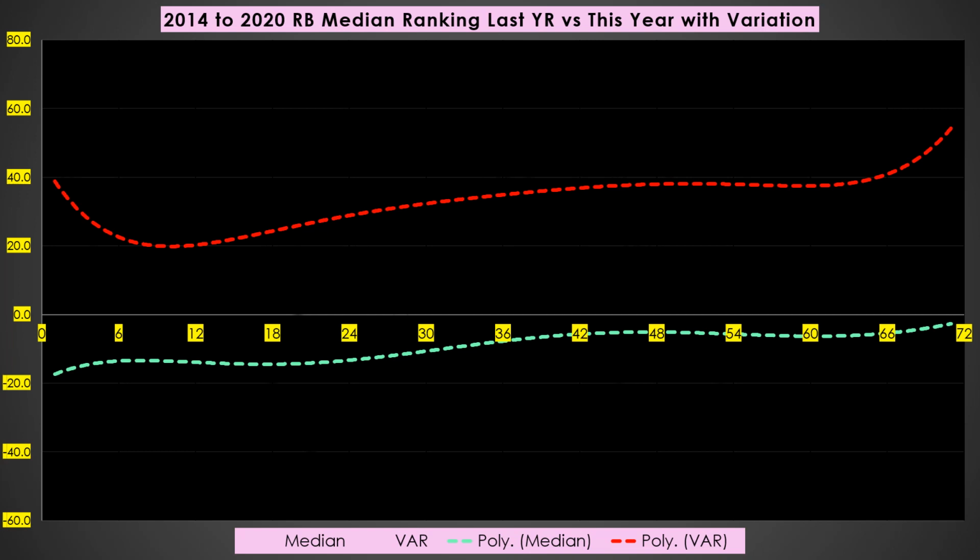So the overall trend, if you look at the variation, is high early, lower, and then a gradual movement up as you go into the draft. And eventually you go across the early variation here, especially on the back end at the 66th to 72nd running back.